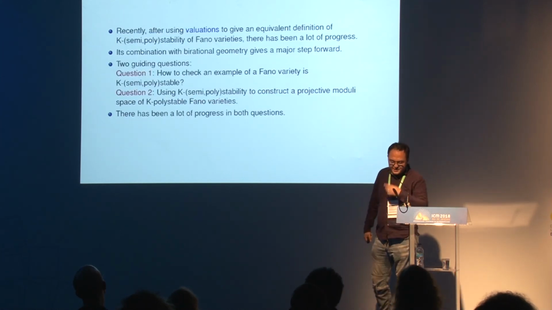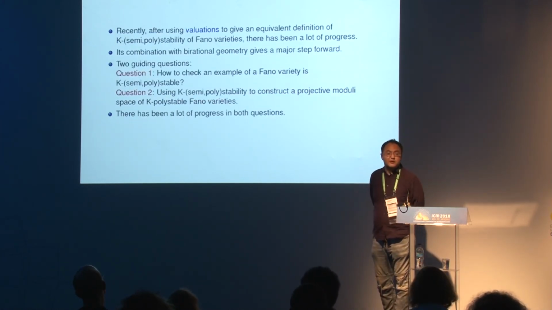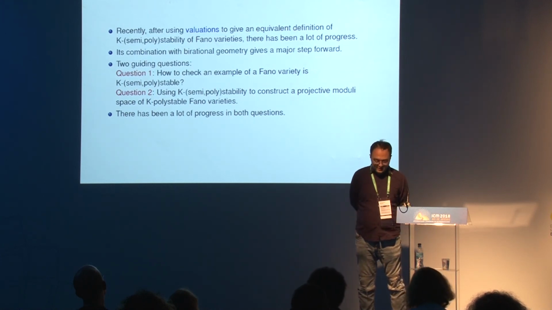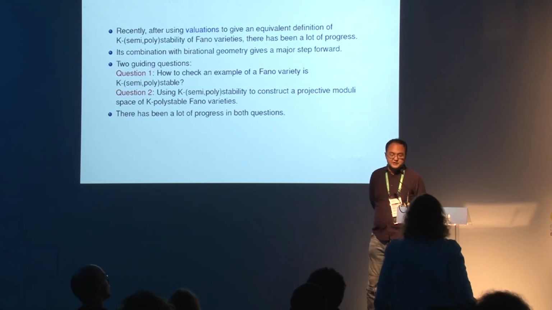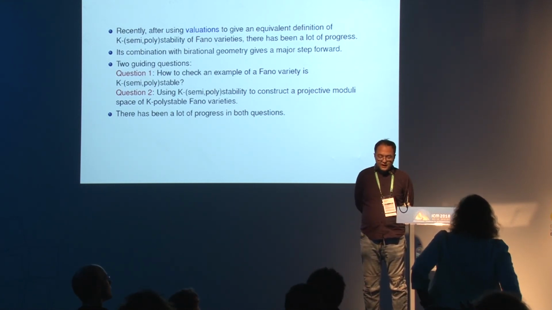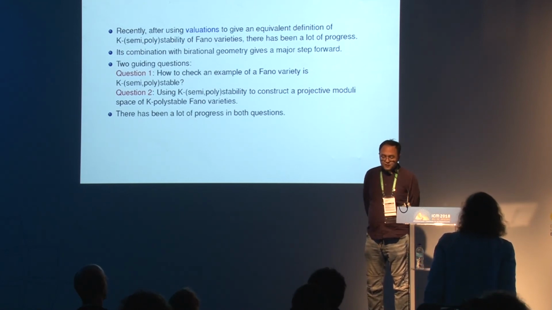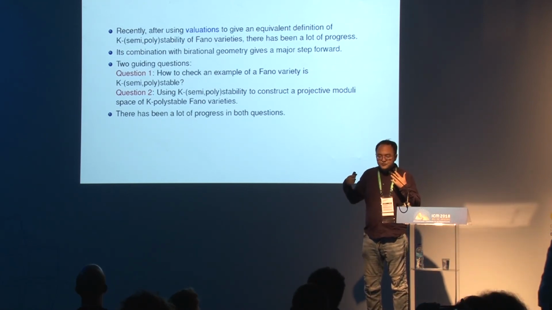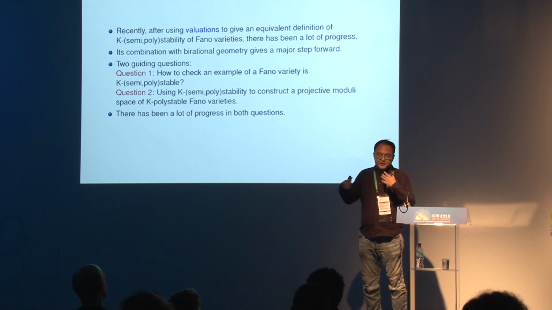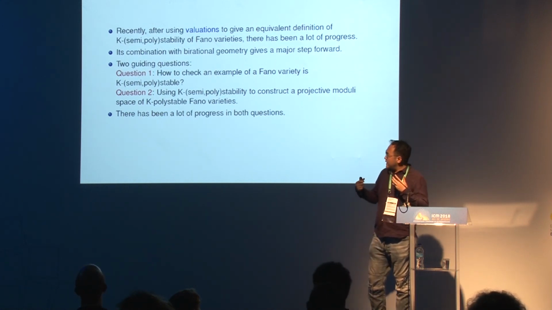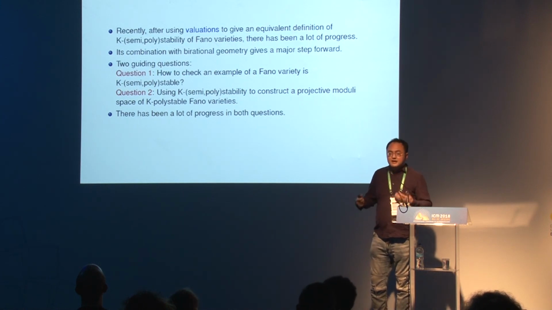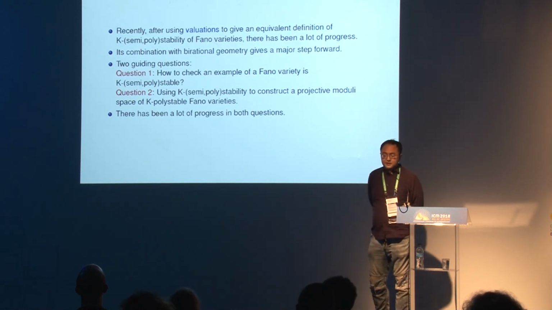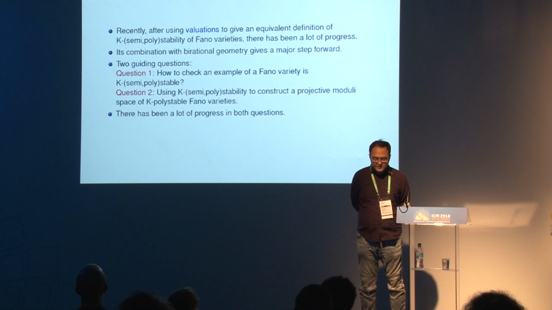So for the last slides, I want to go back a little bit to talk about the K-stability of Fano varieties. In the previous slides, I talked about the valuations over singularities. But to use these valuations to study the K-stability of Fano varieties, that also has had a lot of fruit in recent years.